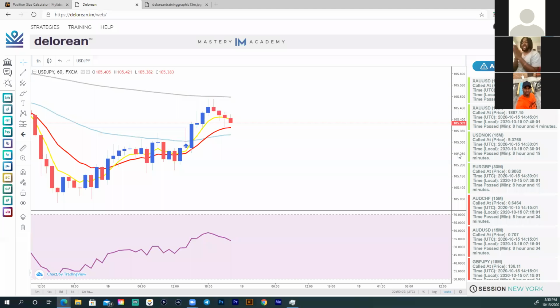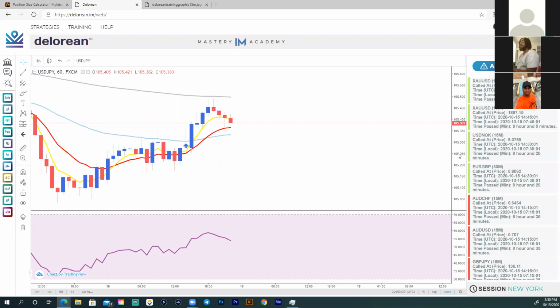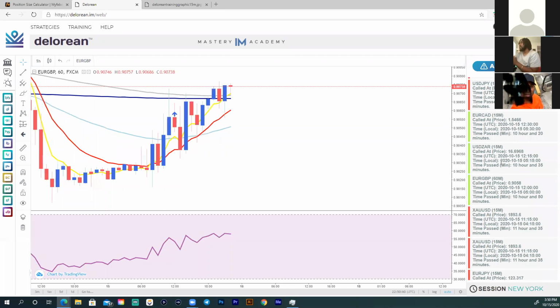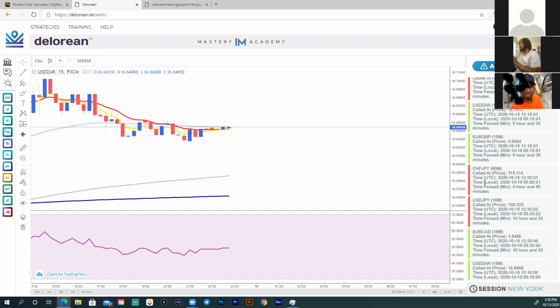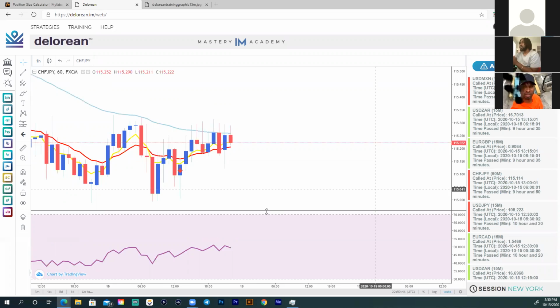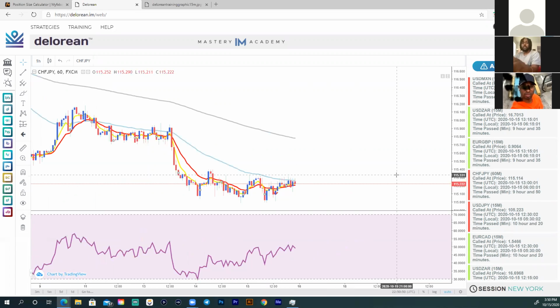All right? The next thing I'm going to talk about is the type 1 versus type 2 trade. There's going to be multiple trades that Delorean gives you, but there's going to be some times, let's see if I can actually find one, where I'm actually looking at sells too.